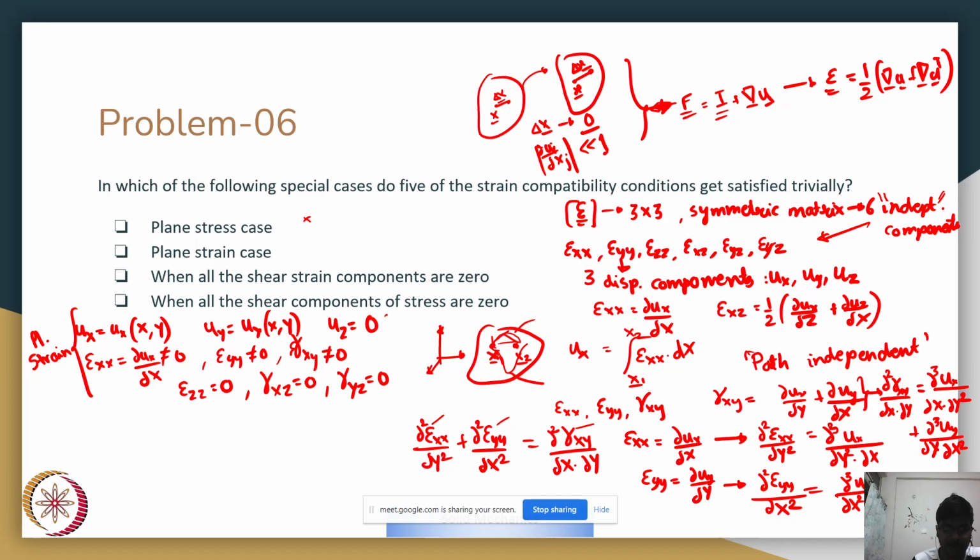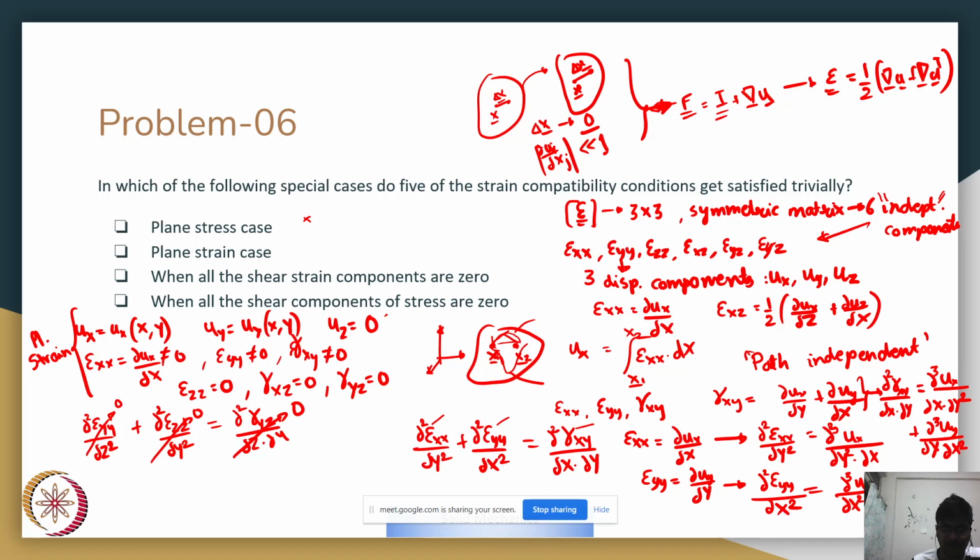So if I write down the equation for the yz case, I have dou square epsilon yy by dou z square. We know that epsilon yy is only a function of x and y, so this component will be 0, plus dou square epsilon zz by dou y square. Epsilon zz itself is 0, so this gradient has to be 0, is equal to dou square gamma yz by dou z dou y. So this equation is also 0.